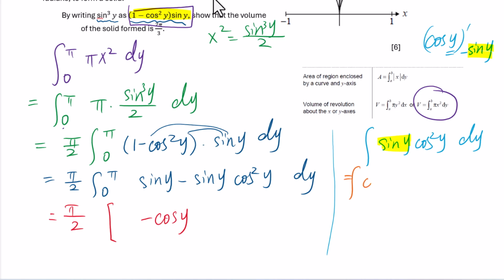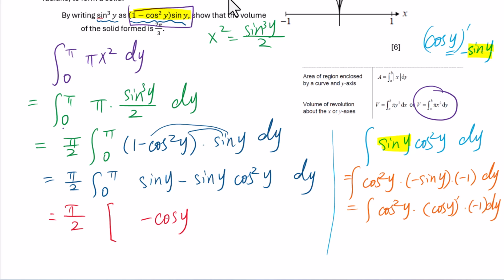This equals cosine squared y times negative sine y times negative 1 dy, which equals cosine squared y times cosine y prime times negative 1 dy.